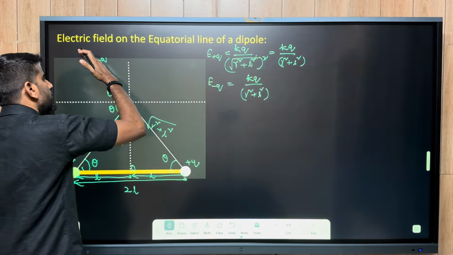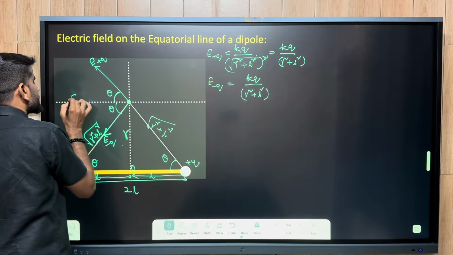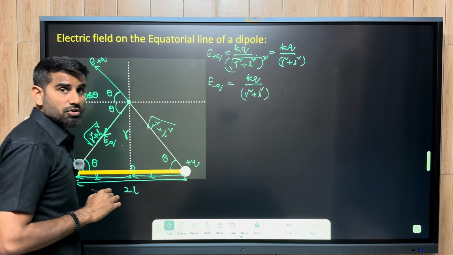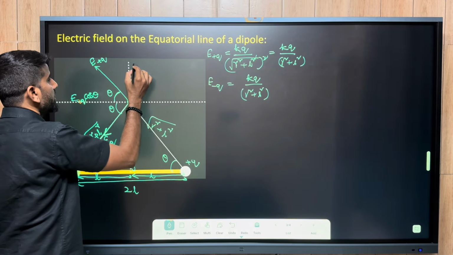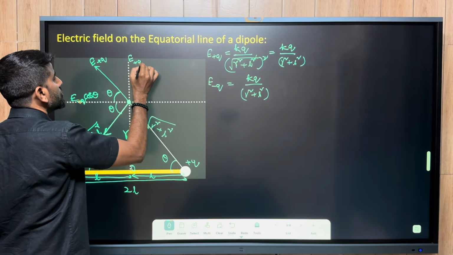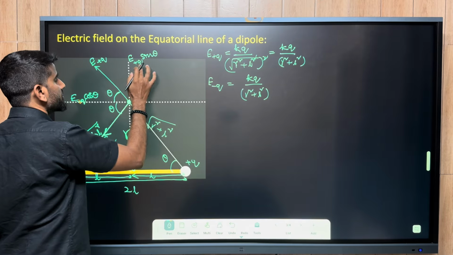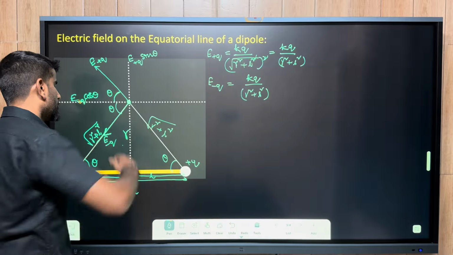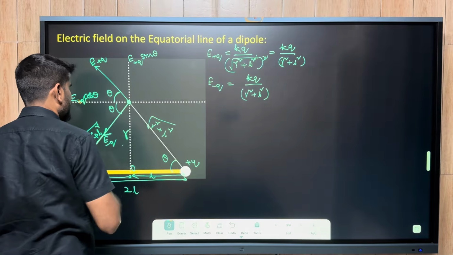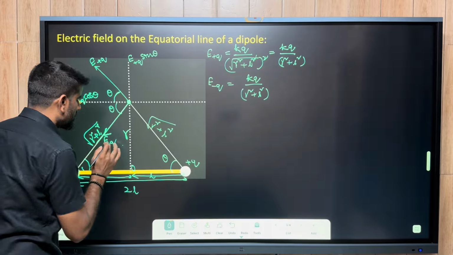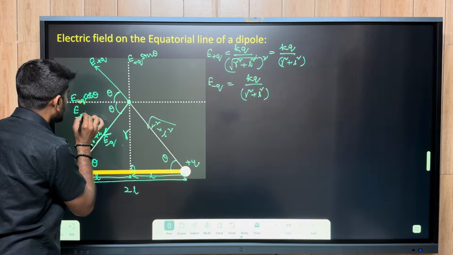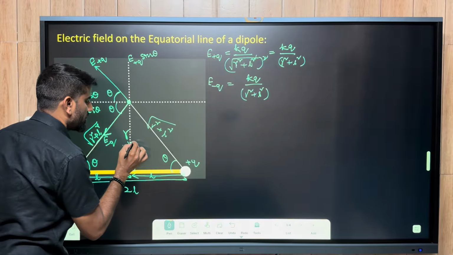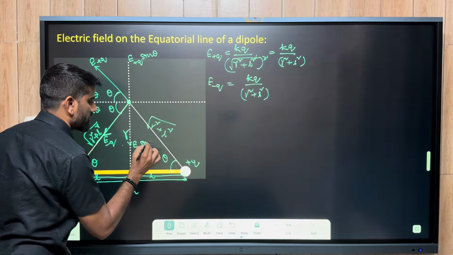Now the E plus Q component to this side, as theta is here, is E plus Q cos theta. To this side, E plus Q sin theta. Now look at E minus Q. For the E minus Q x component, theta is in this direction, so E minus Q cos theta comes here, and this vector to the down, E minus Q sin theta.